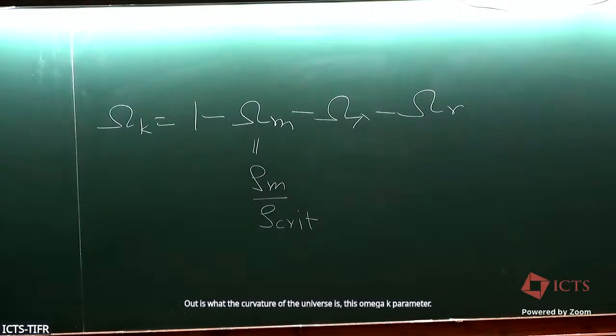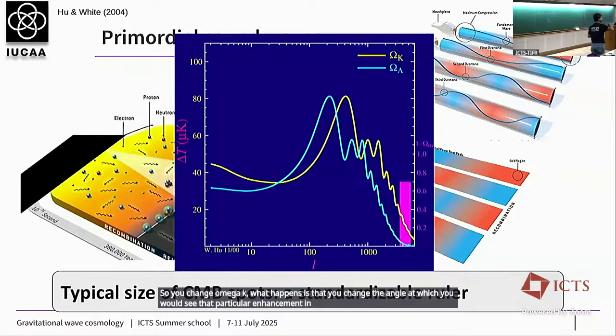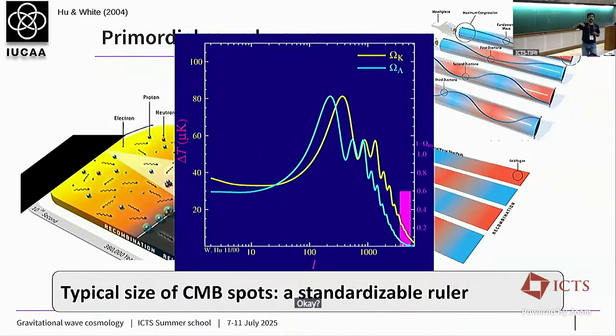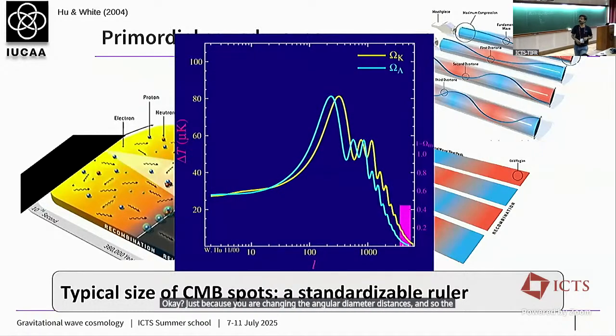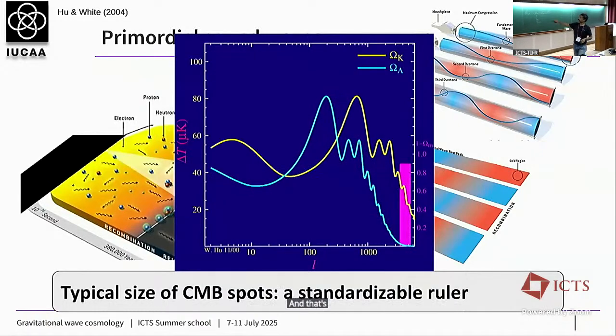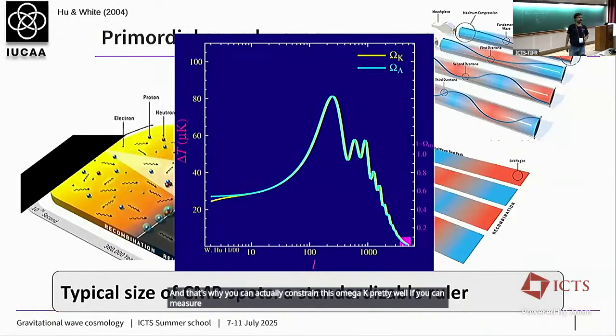So you change omega k, and what happens is that you change the angle at which you would see that particular enhancement in fluctuations, okay? Just because you are changing the angular diameter distances, the location of this enhancement changes. And that's why you can constrain this omega k pretty well if you can measure this power spectrum.